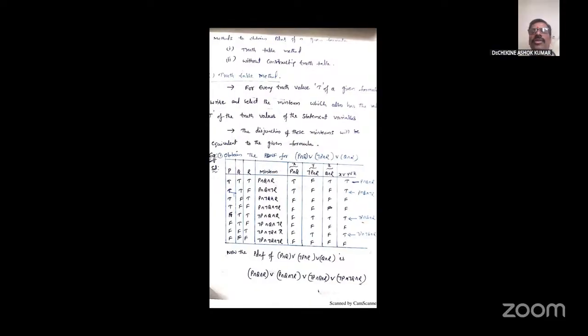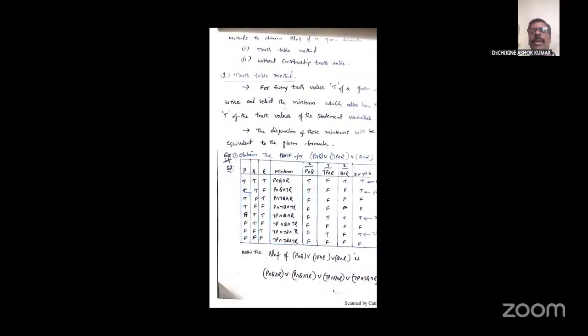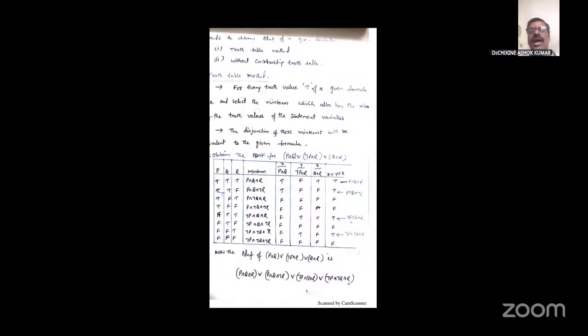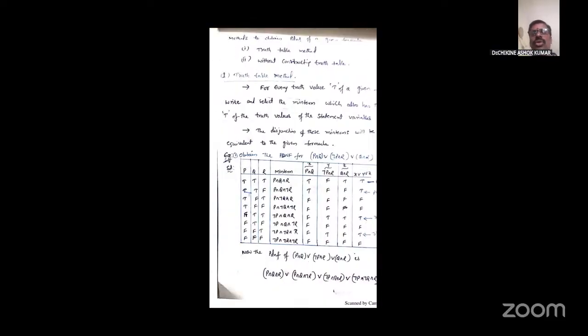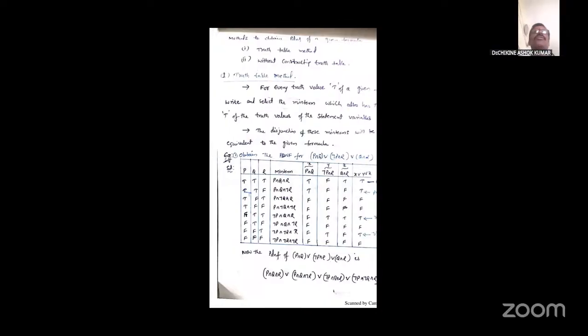Let me discuss one example, then it will be clear. For every truth value T of a given formula, write and select the minterms which also have the value T. The disjunction of these minterms will be equal to the given formula.